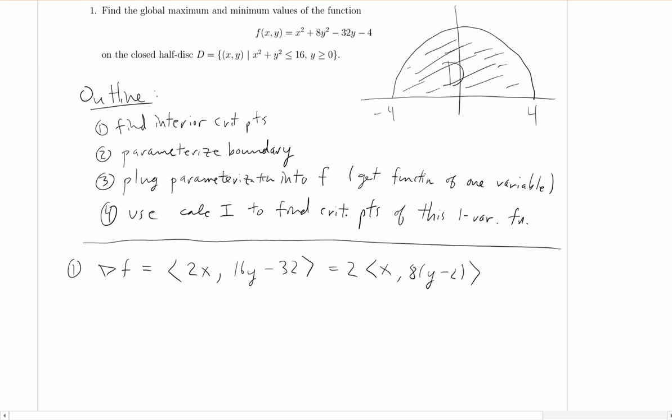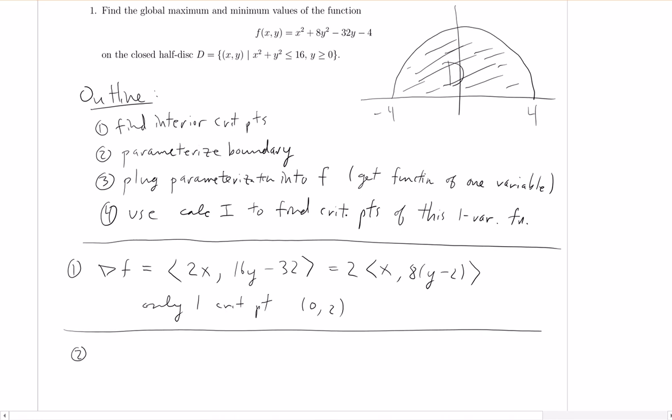So we see we get one critical point. There's one interior critical point, which is where x is 0 and y is 2. Okay, that's it for step 1.